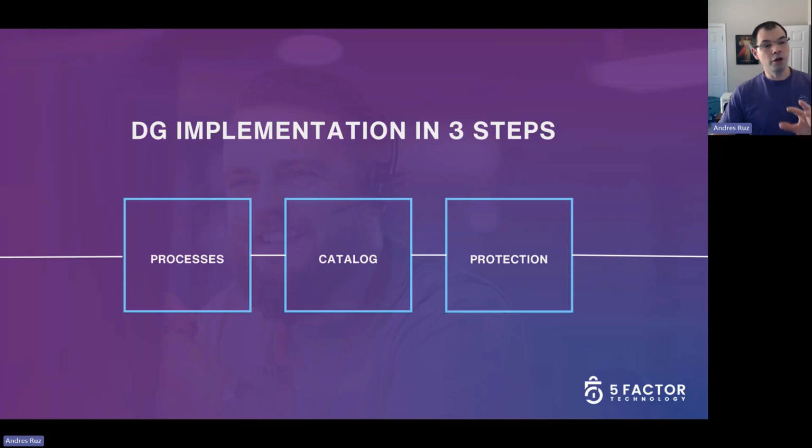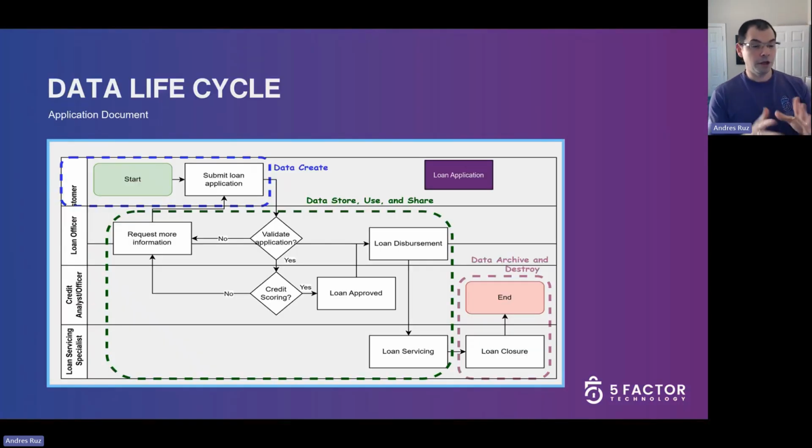Now, I'm going to give you a very short idea of how you can get this going for your organization in three quick steps. The first one is to start working on your process, then build your catalog, and then implement controls. I'm going to give you an idea on the process. This may be an application document for a bank, right?